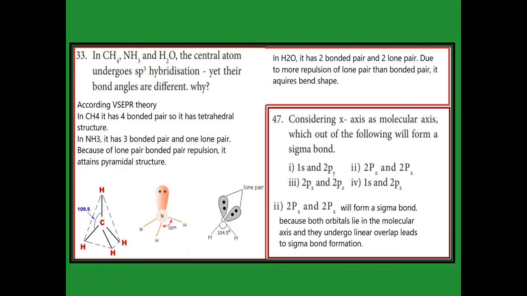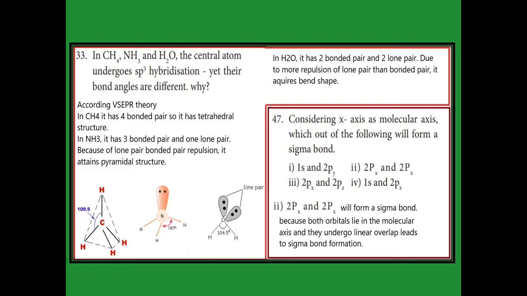Then ammonia: around the nitrogen there are 3 bonded pairs with hydrogen and 1 lone pair. There is a repulsion between the lone pair and bonded pairs. Because of this repulsion, the angle between the bonds is 107 degrees. Then it has a pyramidal structure.